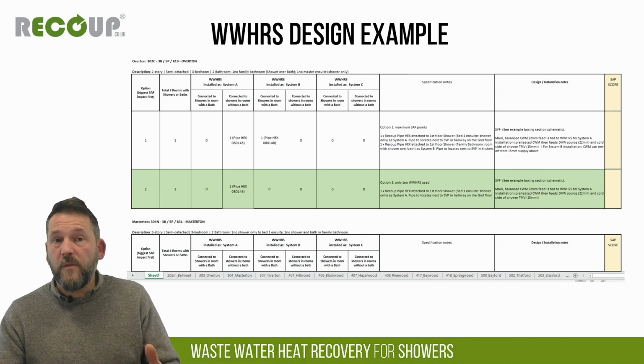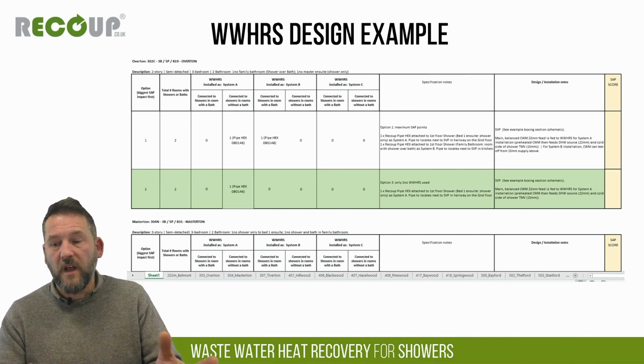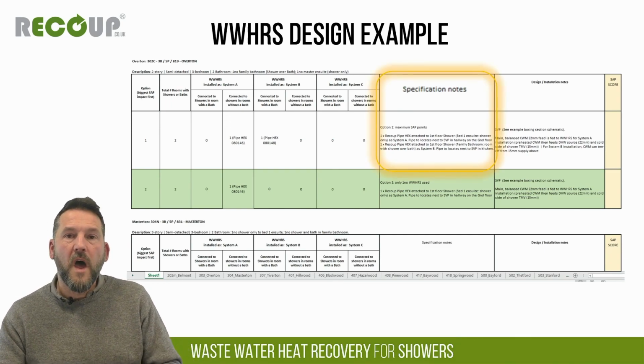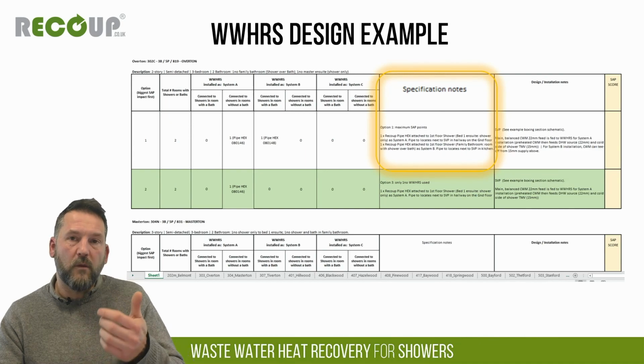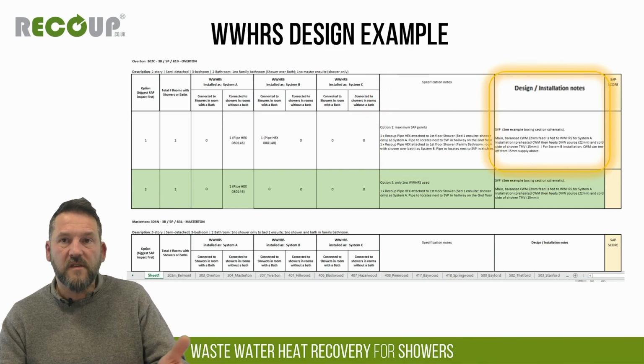If you do send through floor plans to us, generally we'll come back to you with a tabulated list of options. Obviously very simple in this case, but for larger houses there might be more options. Whenever you send something to us, we'll come back with specification notes, so you understand as a specifier or a developer why we're suggesting what we're suggesting.